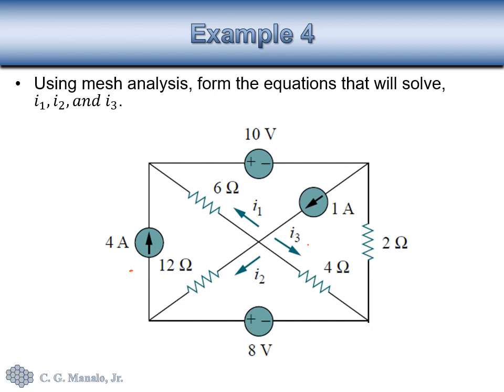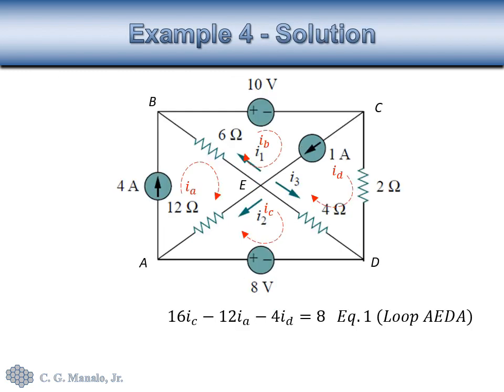So first, again, following the steps, first we assign loop currents. So we identify the loops. There are four small loops, and we assign loop currents I sub A, I sub B, I sub C, and I sub D. And then after that, we can write the KVL equations.